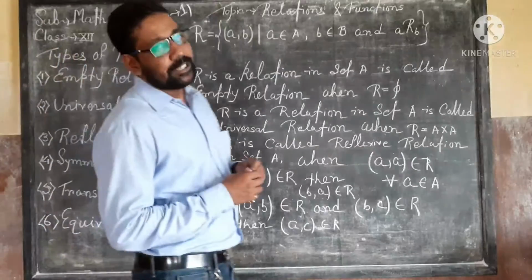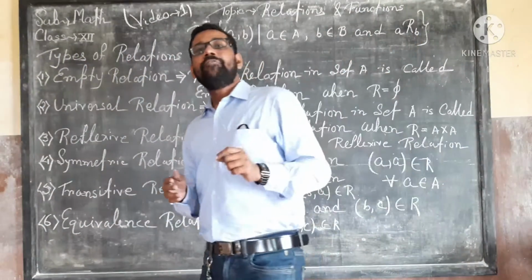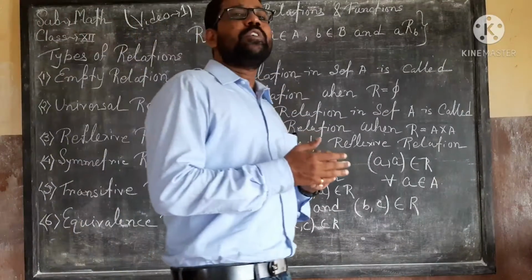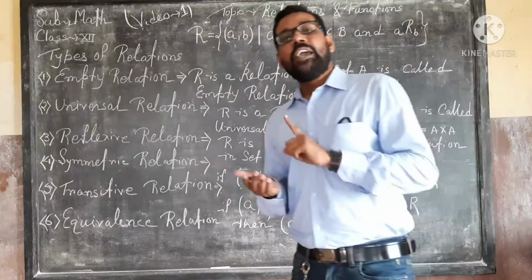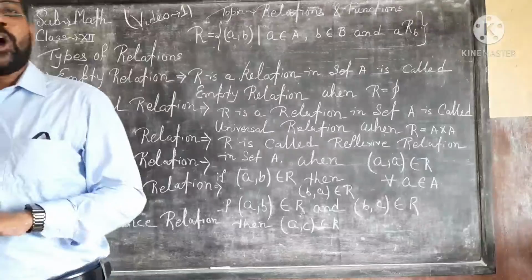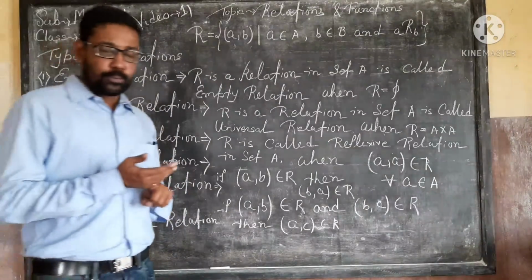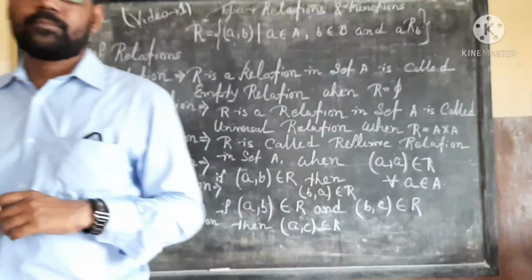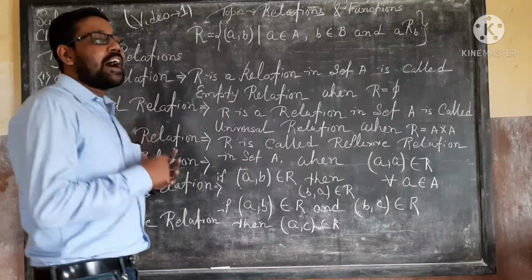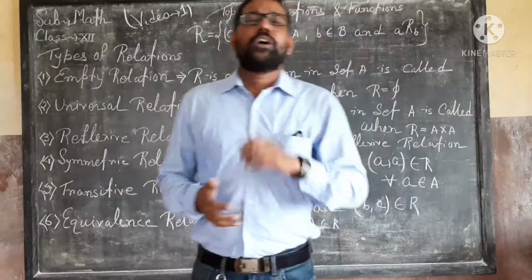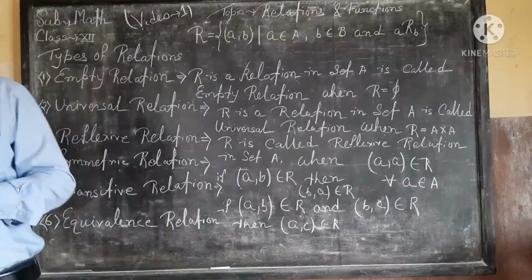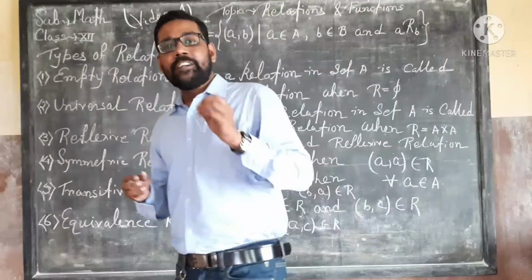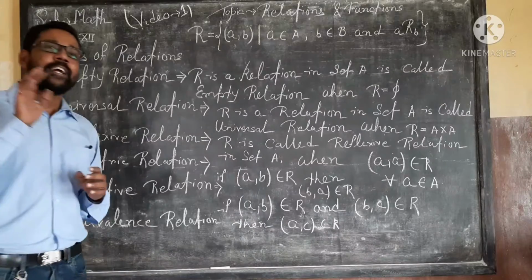A relation is nothing but a set. If R is considered a relation from a non-empty set A to another non-empty set B, then R is a subset of A cross B, and this R contains each and every element as an ordered pair, and each ordered pair is connected to each other with a particular condition.